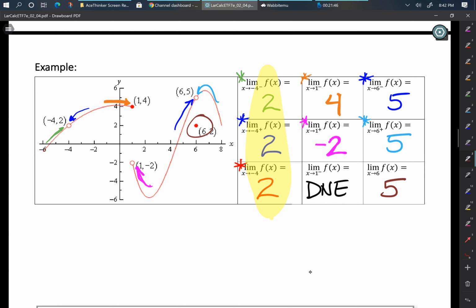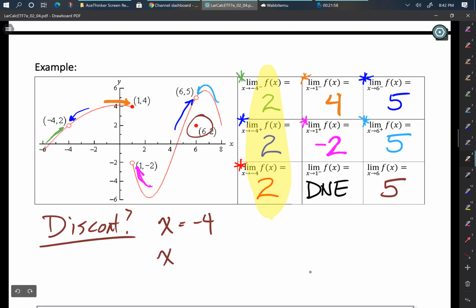Hey, as long as we're looking at this graph, where is it discontinuous? Well, it has a discontinuity at -4. It has a discontinuity at 1. And it has another discontinuity at 6. Okay. This is removable.